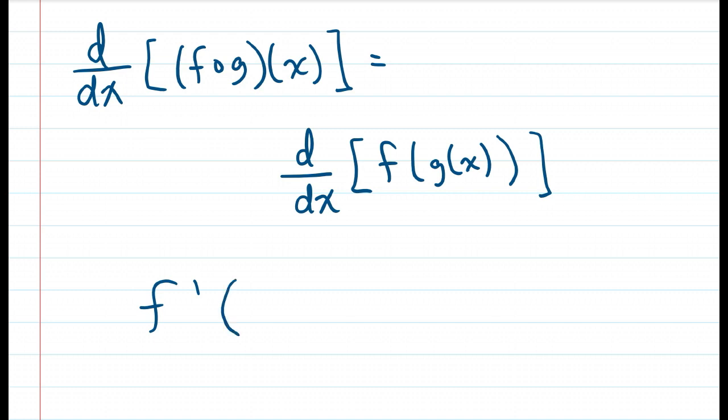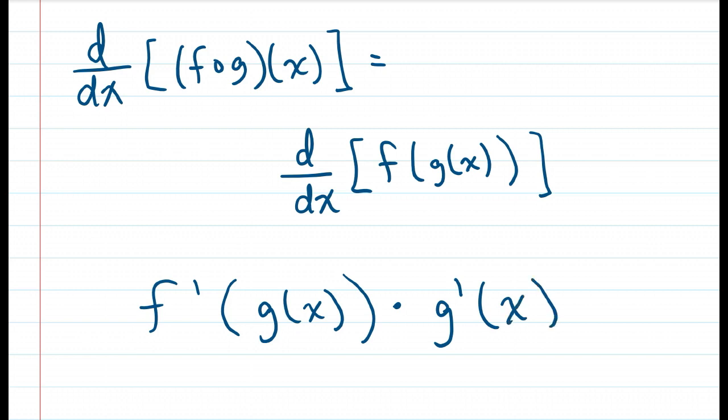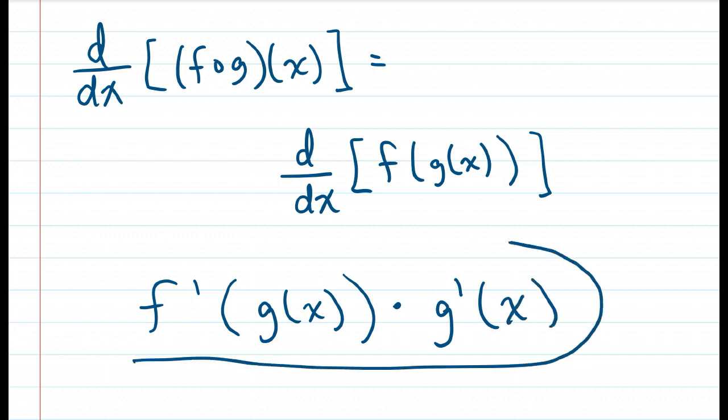We take the derivative of the outer, so that's why I'm denoting f prime, while keeping the inner function, g of x, the same, and then multiplying that times the derivative of the inner function. So once again, the chain rule says to take the derivative of the outer while keeping the inner the same and multiplying times the derivative of the inner function.